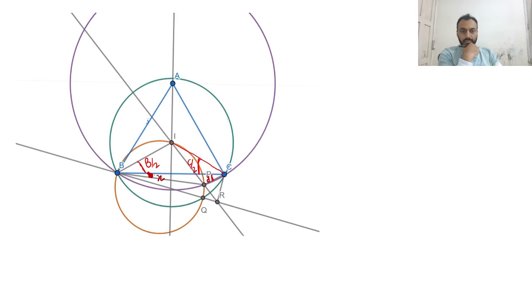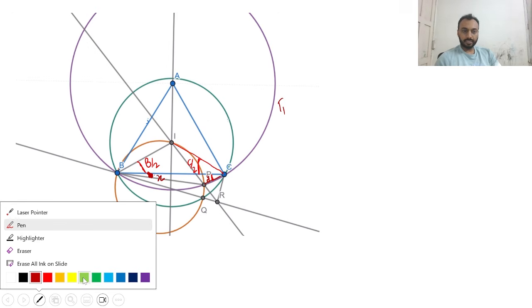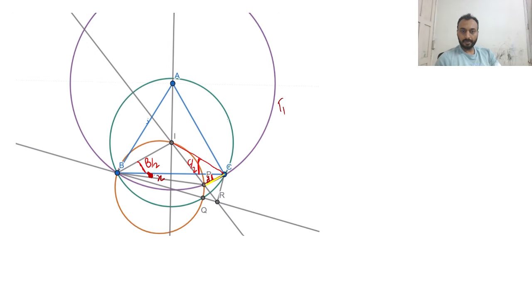Now if we see these points B, P, C, which circle do they lie on, guys? They lie on the bigger circle, circle 1. So angle X is made by the arc PC, and Y is made by the arc BP.